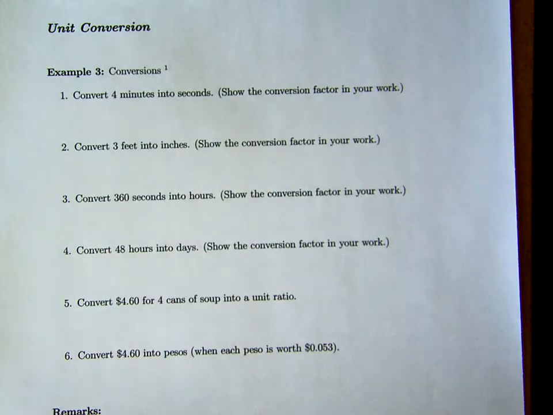Let's do some unit conversions. When I think about a unit conversion, I think about expressing a given quantity that is the same and equal measurement, but just in different terms.